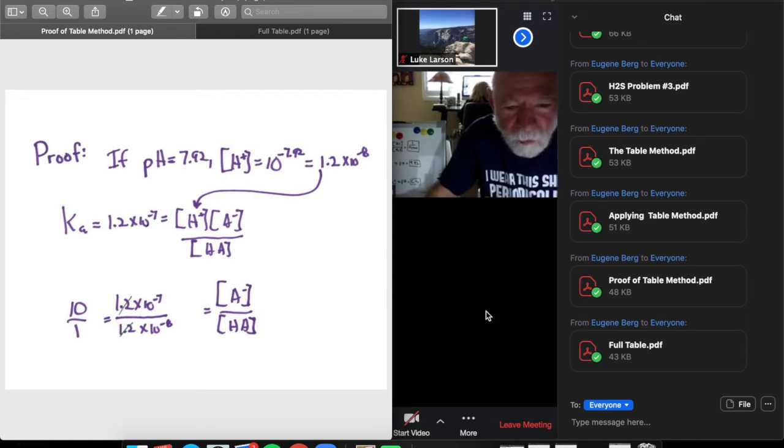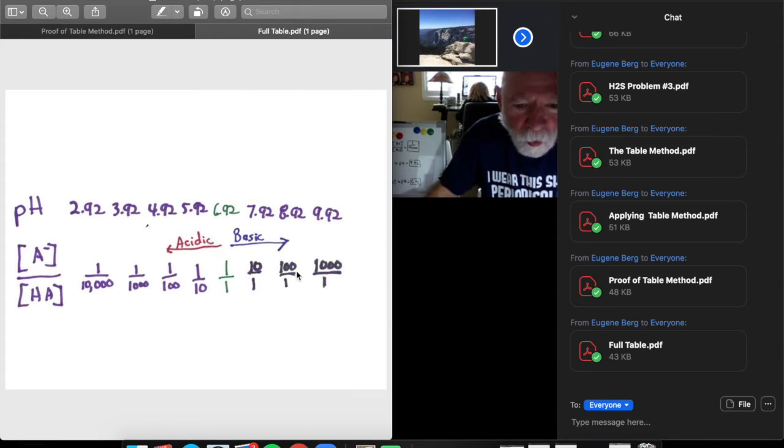Okay, so I purposely marked the pK sub A. You always want to start with that, and notice the ratio of base to acid is 1 to 1.